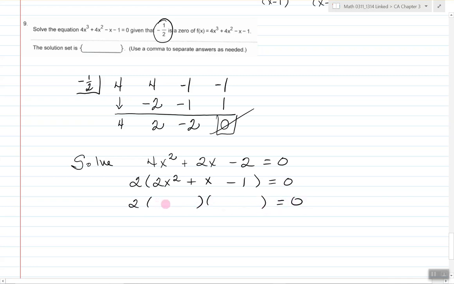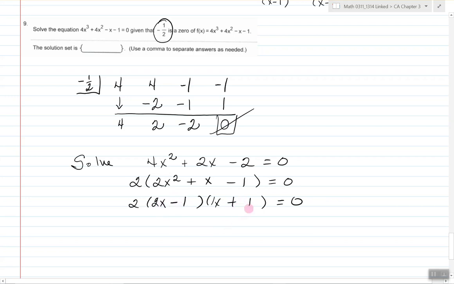I'm going to have 1 plus and 1 minus. I will look at a 2x and an implied 1x, and 1 and 1, and I believe I probably have to reverse my signs. I do. Put the minus there and the plus there.